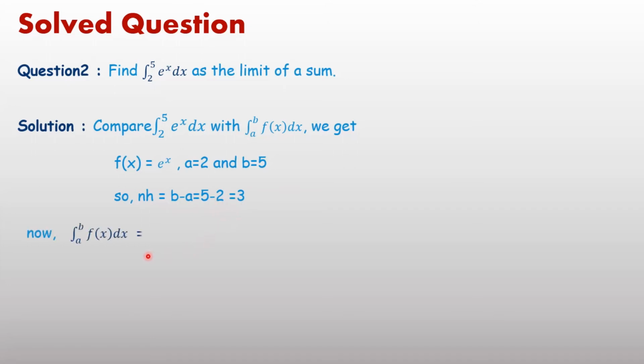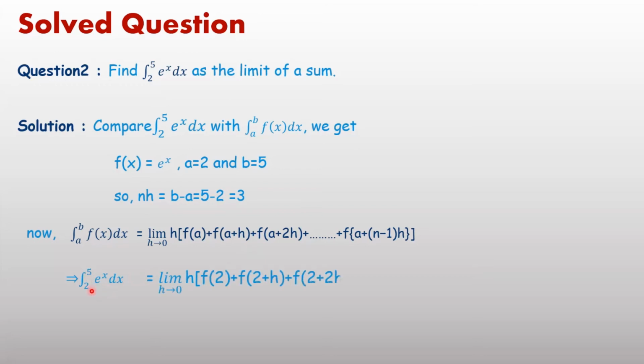Then note down the formula. The integration of a to b f(x) dx formula is written here. Then next step, apply the formula. Apply the formula means integration of 2 to 5 e power x dx equal to limit h tends to 0 of h, and since the value of a is 2, in place of a write down 2: f(2) plus f(2 plus h) plus f(2 plus 2h) plus up to f(2 plus (n minus 1) into h).